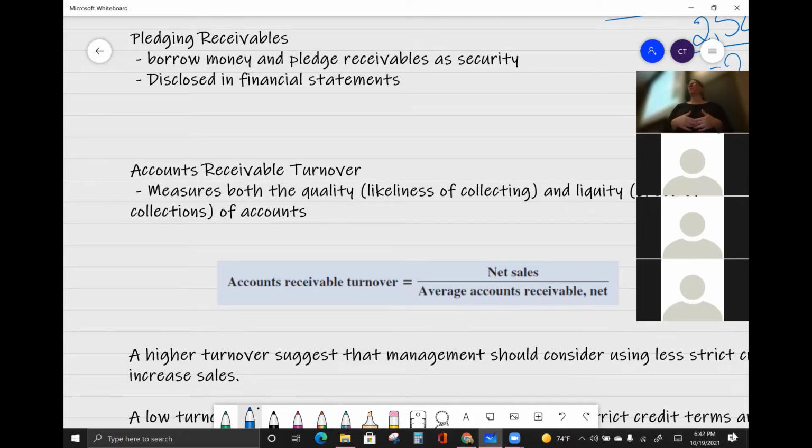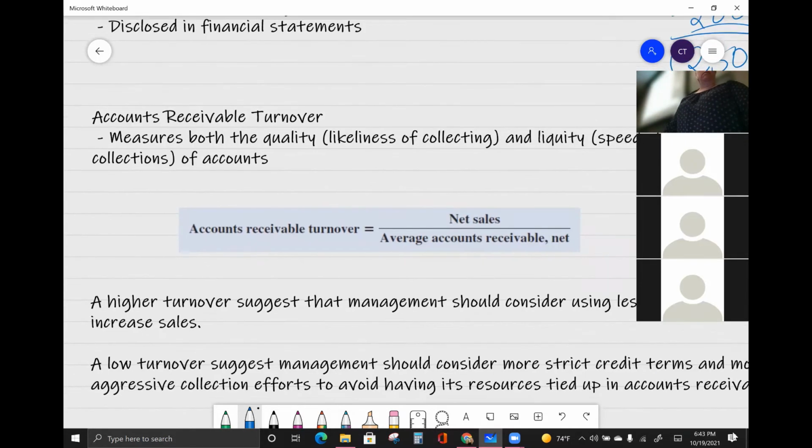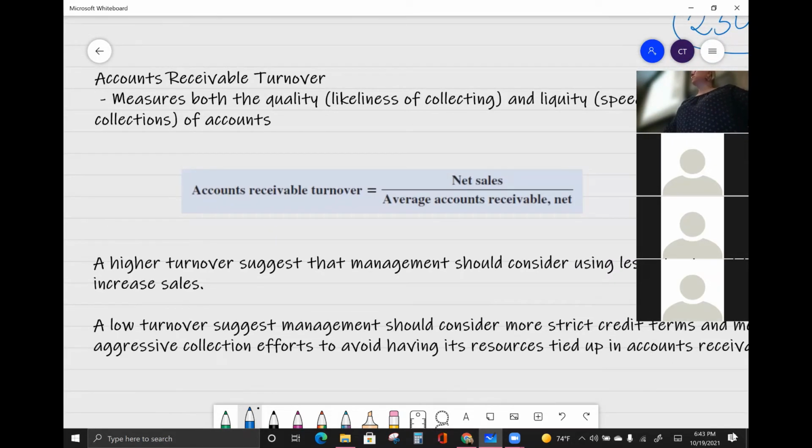So this is one of those items: if you have receivables on your balance sheet that you've pledged, and so now you have a loan and that's collateral, you would have to disclose that so that whoever is looking to invest in your company knows that if they don't make a payment on this loan, they're going to lose their receivables. They won't have that cash. And we'll do a homework problem with that.